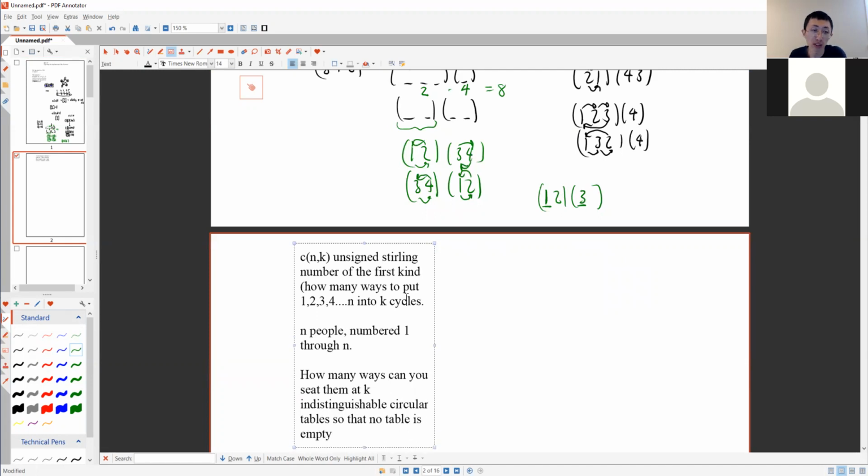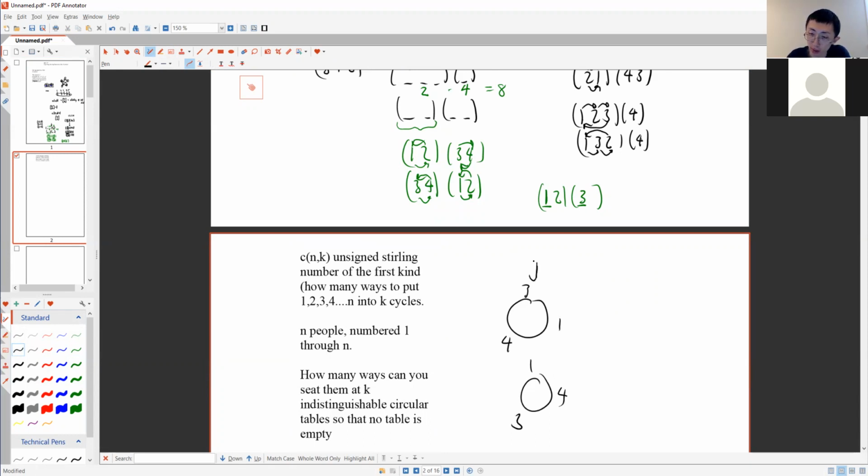These tables can rotate, kind of. So if I have 3, 1, 4, it's the same as 1, 4, 3. So there are (j minus 1) factorial ways to seat the people around a j-person table.